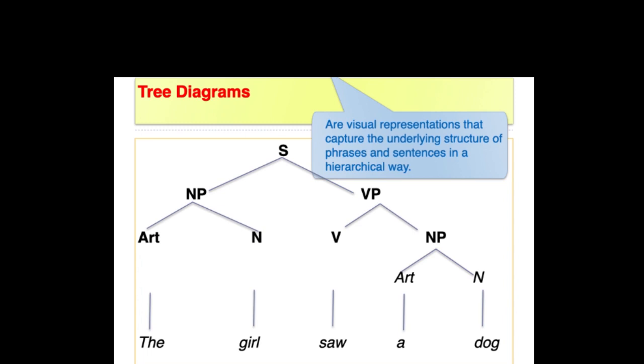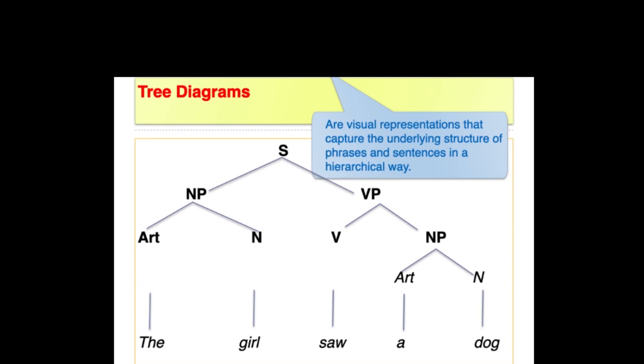Now the sentence is separated into two main constituents. The first is what we call the noun phrase, and the second is the verb phrase. The noun phrase is divided, according to this sentence, into an article and a noun, which stands for girl.